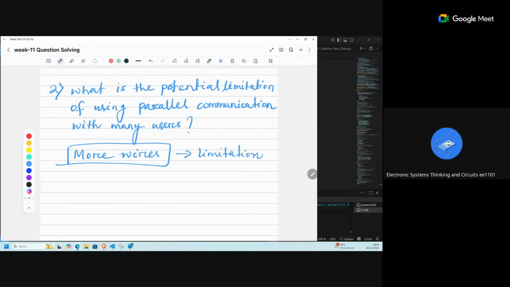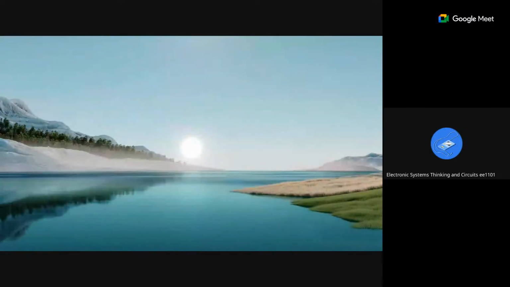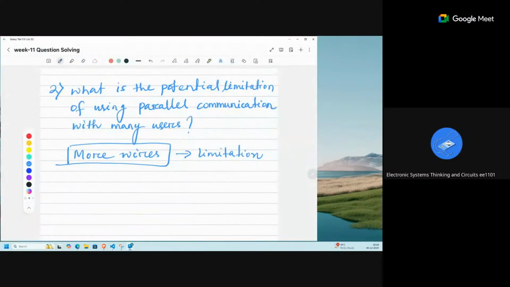So the options: if I say it is too slow, it requires too many wires, or another option may be here. One second, just a second. Is the screen visible? Yes, ma'am.